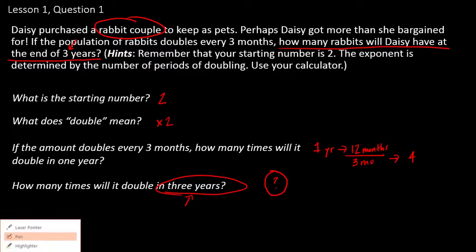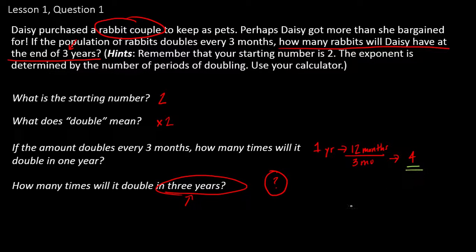Now, say, for example, that we did only want to calculate 1 year. Again, that's not what the question's asking, but just for sake of example, let's talk it out. So let's say that we were asked how many rabbits there would be in the population at the end of 1 year. Well, there are 4 3-month periods in a year, so I know this population will double 4 times.